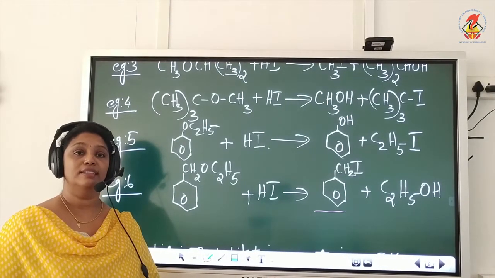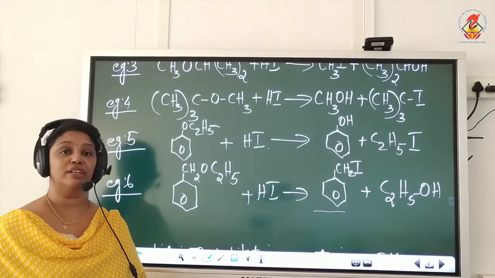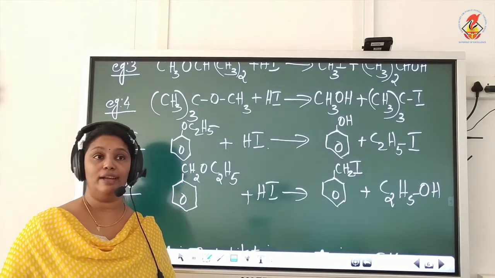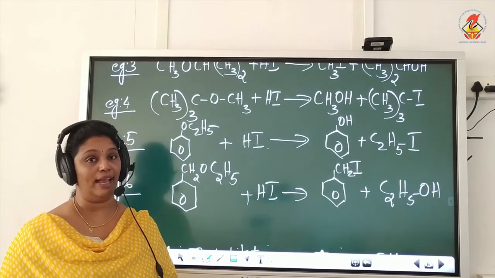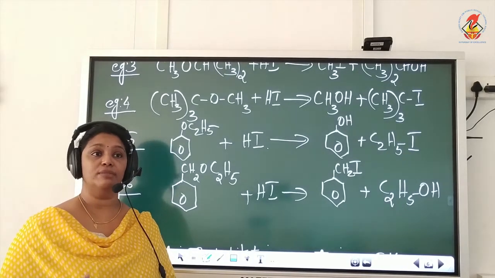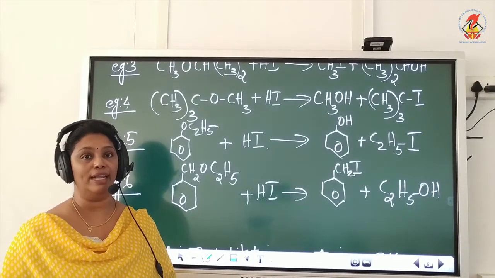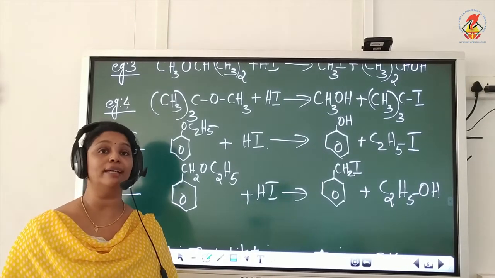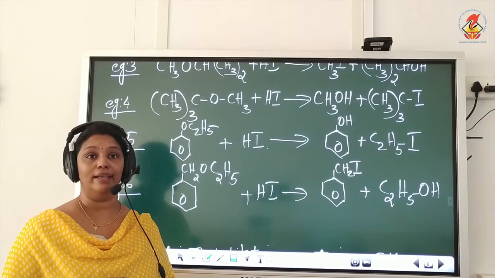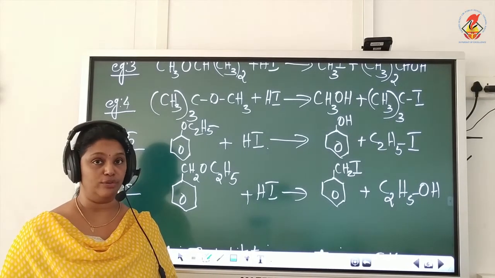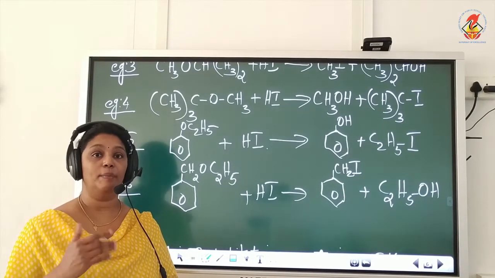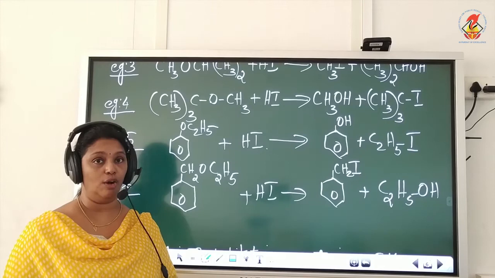So this is the reaction of ethers with hydrogen iodide. Be it a symmetrical or unsymmetrical ether, the products formed when ether reacts with hydrogen iodide are alcohol and alkyl halide. If it is an unsymmetrical ether, which group goes as alcohol and which as alkyl halide is decided by the alkyl groups present in the ether. If one alkyl group is methyl and the other is primary or secondary, the methyl group will go as halide and the primary or secondary will go as alcohol.